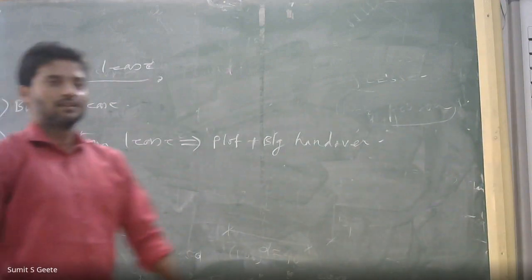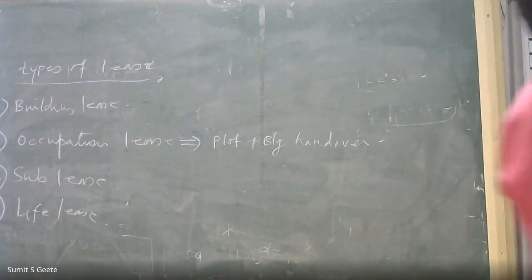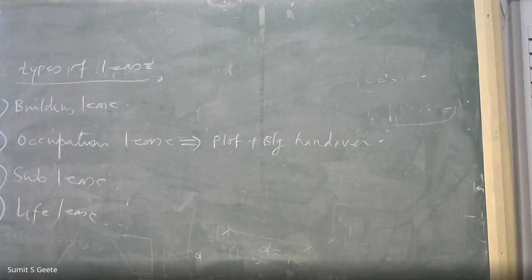And the last one is life lease. Life lease मतलब एक रहता है लीजर, एक रहता है लीज होल्डर. इन दोनों में से जो कोई एक मरेगा, लीज खत्म हो जाएगा. That is called life lease.